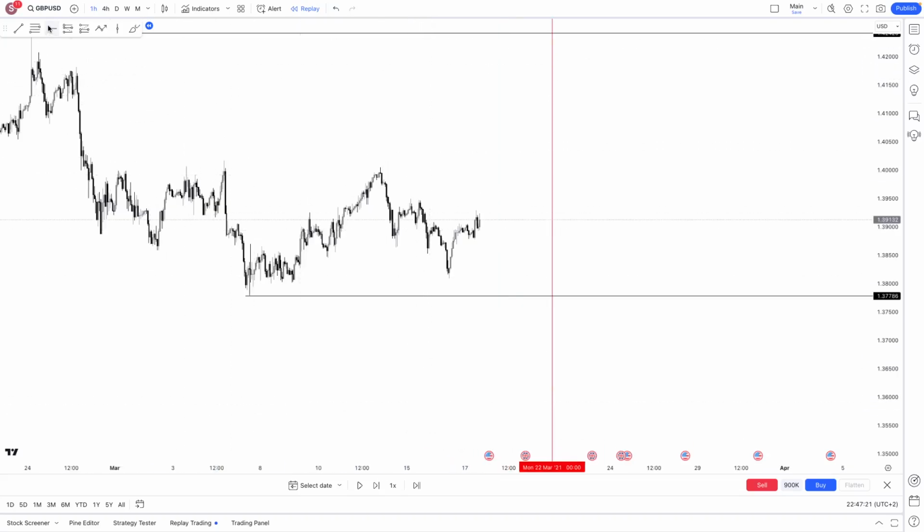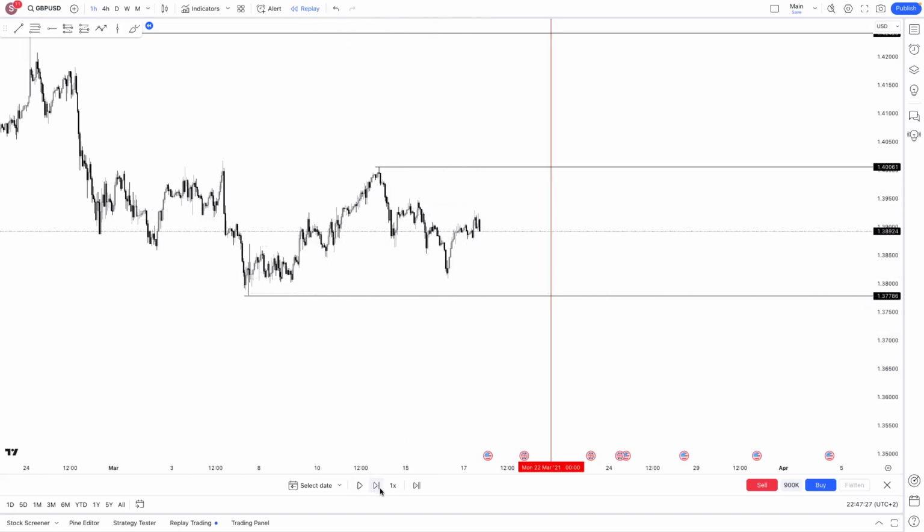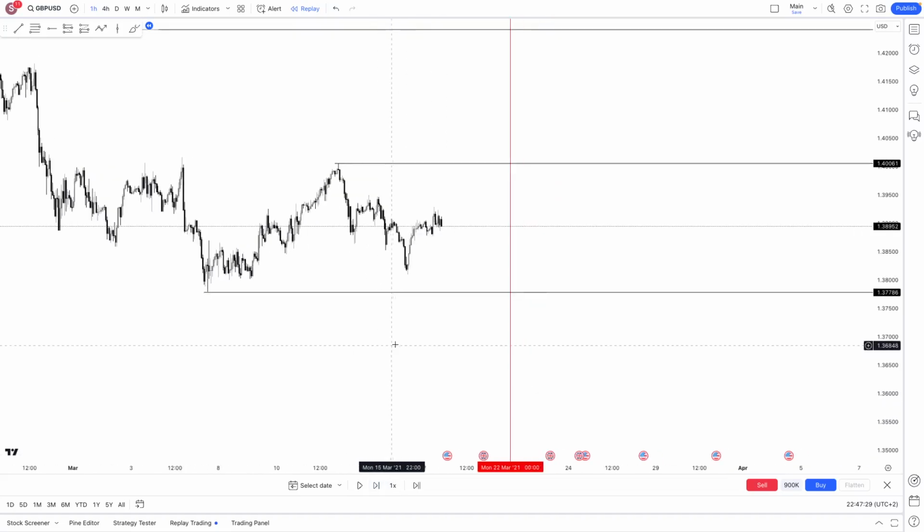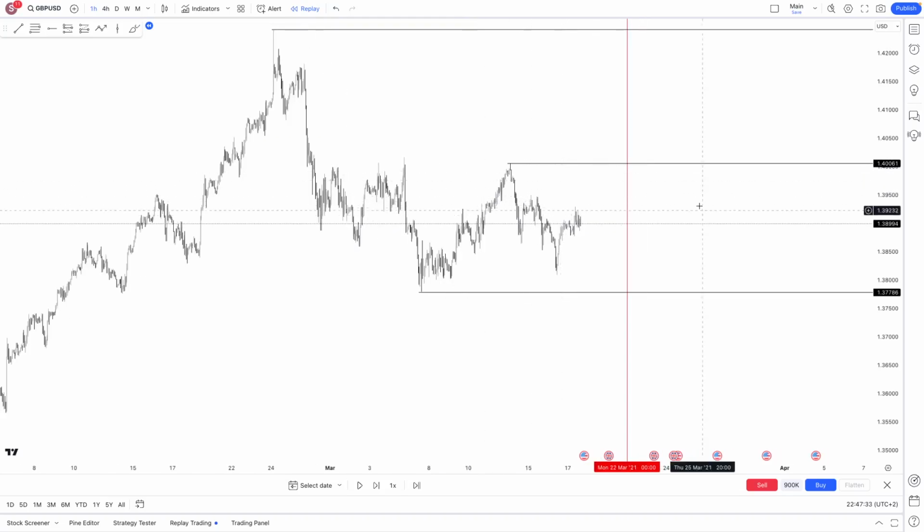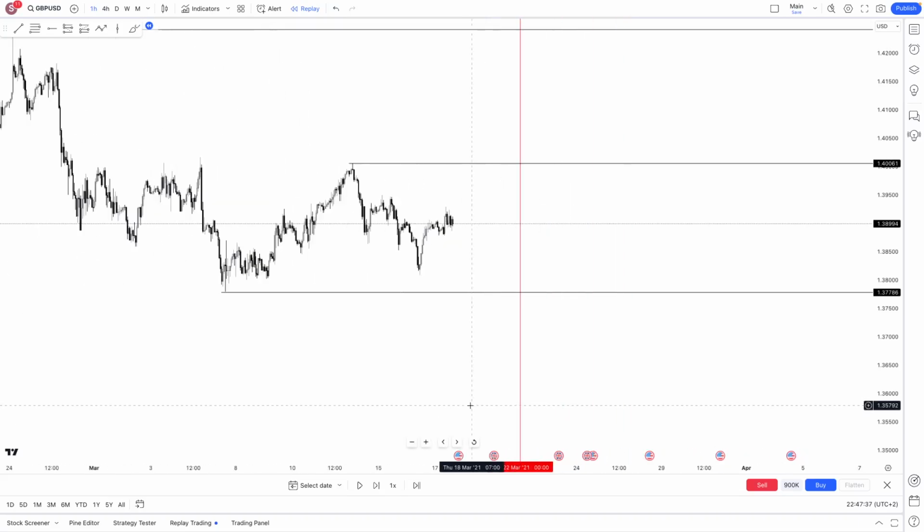So this is moving, but it's not really moving how I'd like it to move. This is just going up and down, and we're within this level. So as this stands, I would look for this to break the high, making a much bigger correction, or should be a confirmation for more moves to the downside.